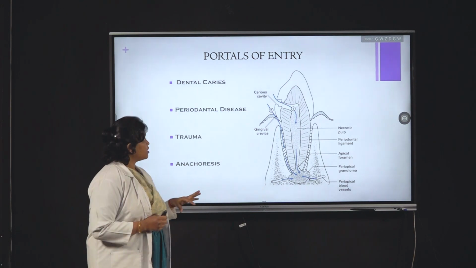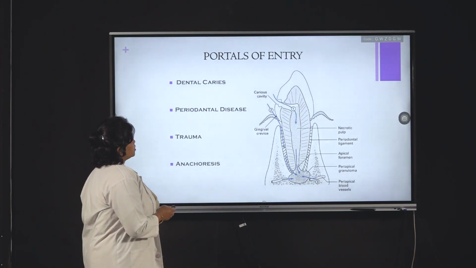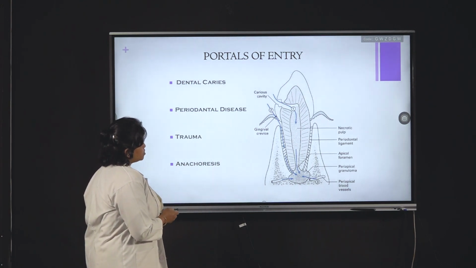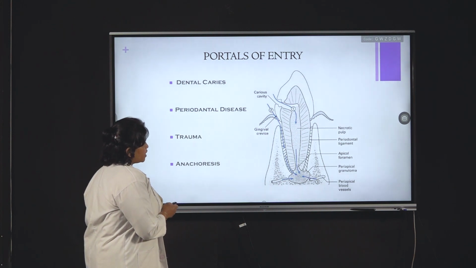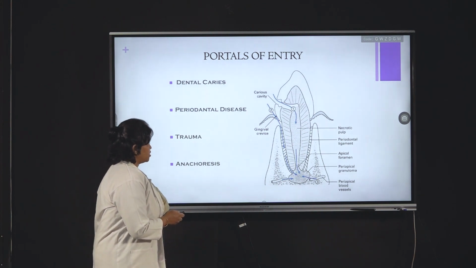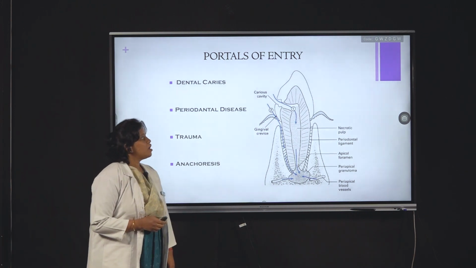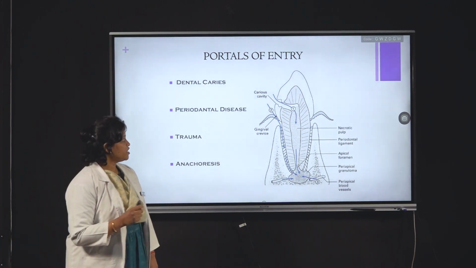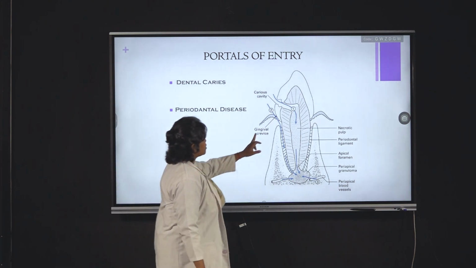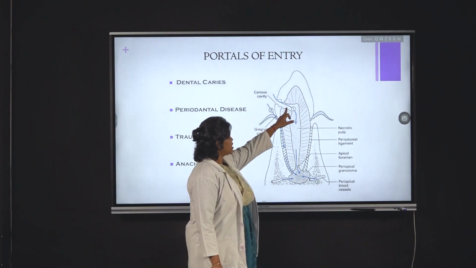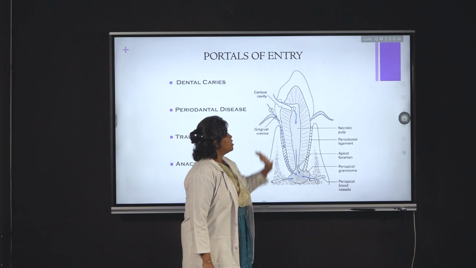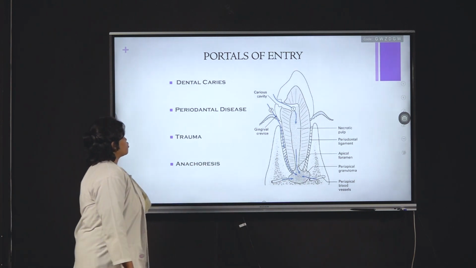The bacteria have access from the oral cavity via the enamel and the dentin. Dentin has dentinal tubules running from the dentin surface to the pulpal tissue, so any bacteria entering the dentinal tubules will have direct access. That is one way of entry of the bacteria.